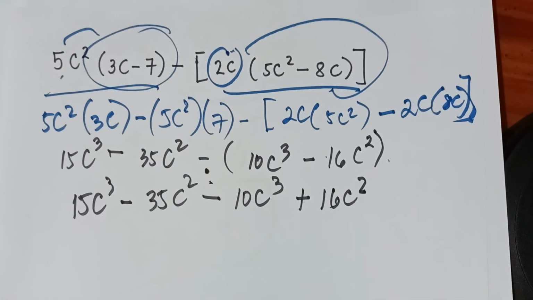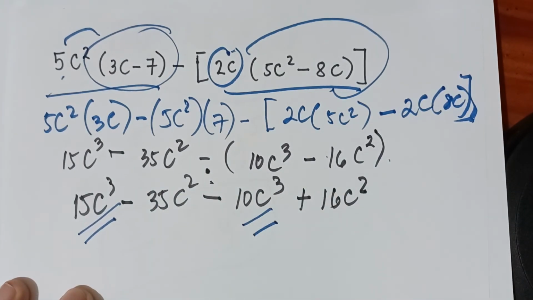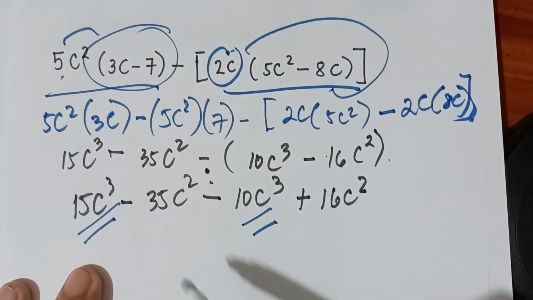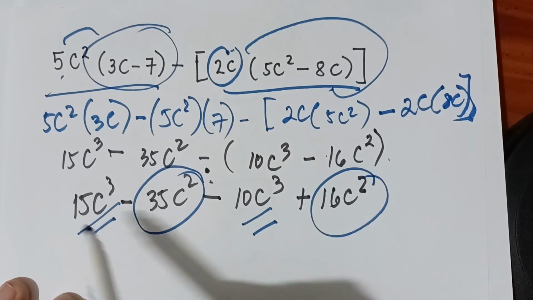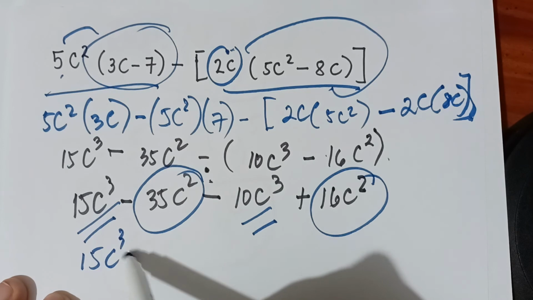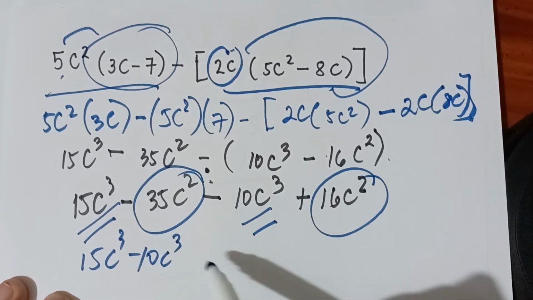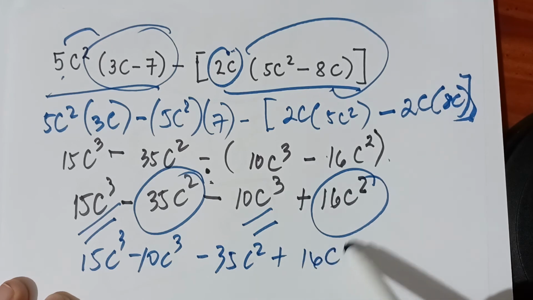Okay? Now, the last thing na dapat natin gawin is simplify by combining like terms. So, ano bang mga like terms natin dito? Yung 15c cubed, I'm sorry, at 10c cubed, tapos the 35c squared and 16c squared. So, doing that, 15 c cubed less 10 c cubed, and then negative 35 c squared positive 16 c squared.